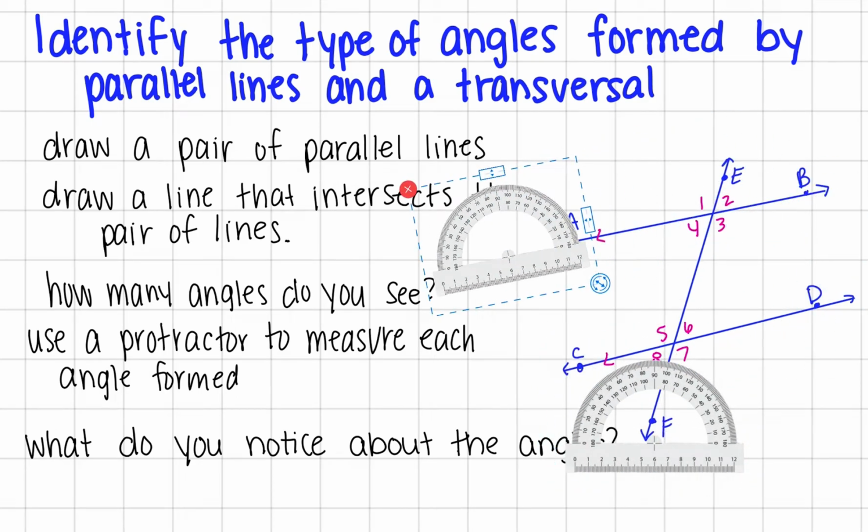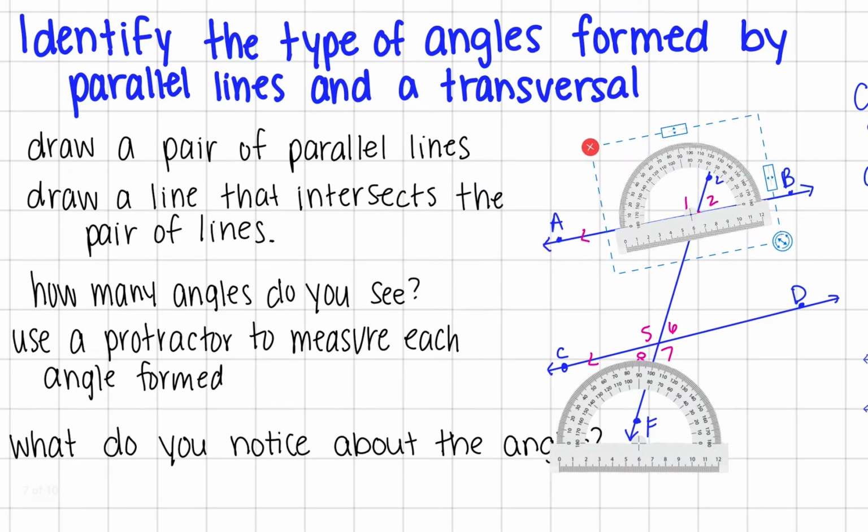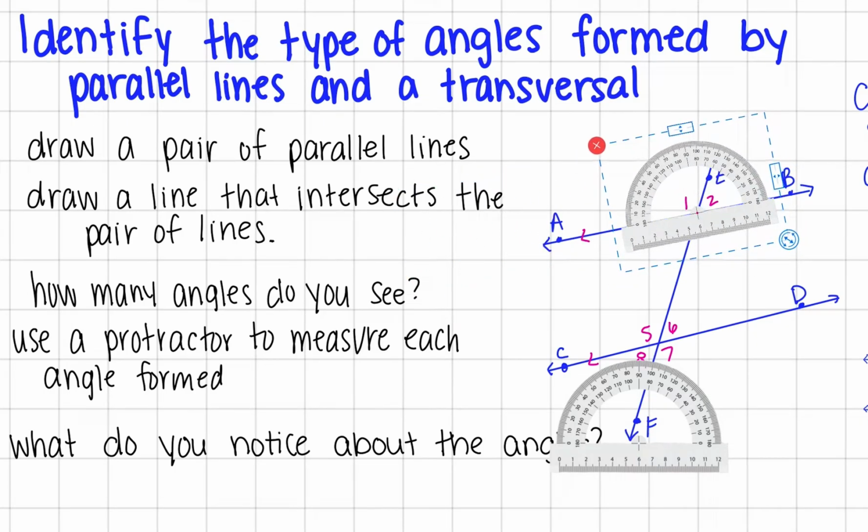I'm going to draw a pink dot on the vertex so I can see it in my hole. We'll line it up. So it looks like angle 2 is about 60 degrees.